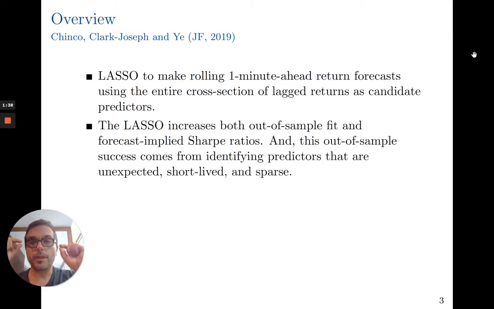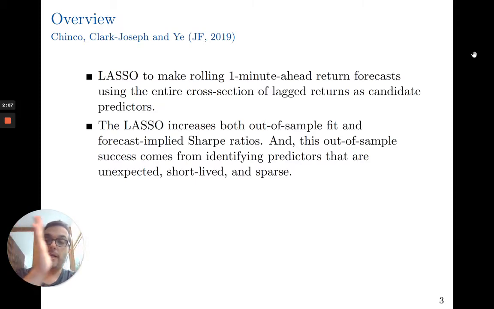Okay? So they are going to estimate this model by Lasso, and they show that Lasso increased both out of sample fit and forecast implied Sharpe ratios, and this out of sample success comes from identifying predictors that are unexpected, short-lived, and sparse. So once you identify a predictor, it's a good predictor for only a short period of time.